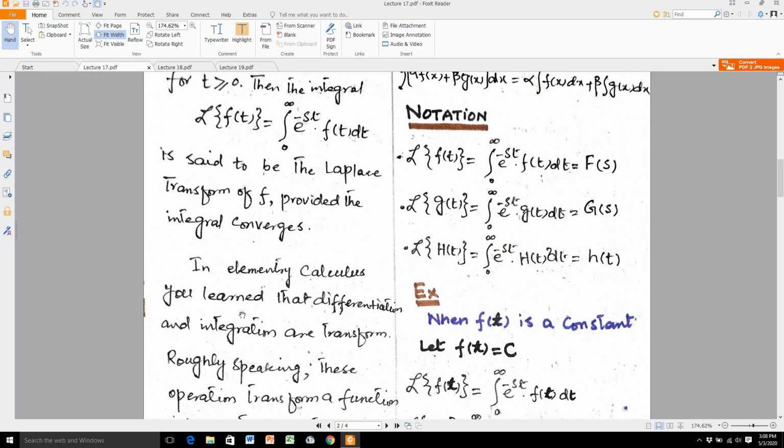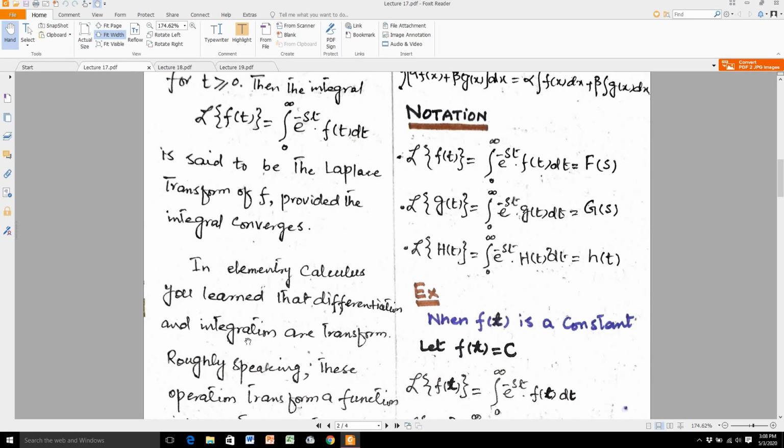In elementary calculus, you learned that differentiation and integration are transformed. When you differentiate a function, how does it change itself, and on integration, how does that function change itself?